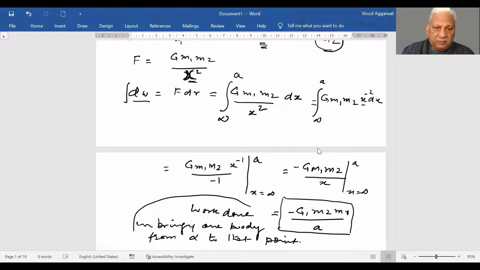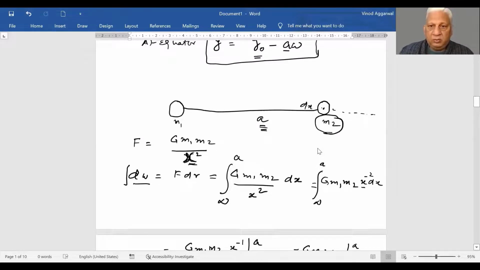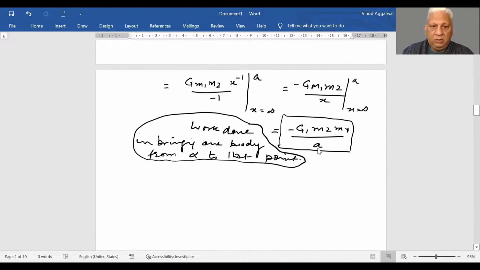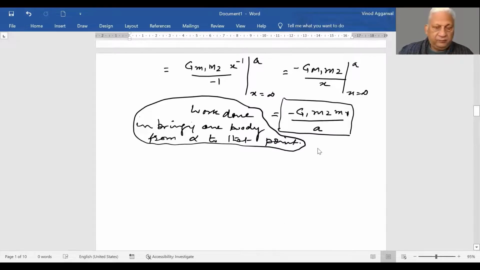And this term, which is the work done to bring this body from infinity to this distance a, is called potential energy.